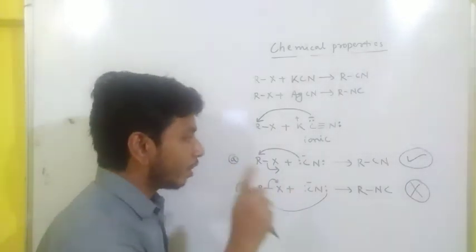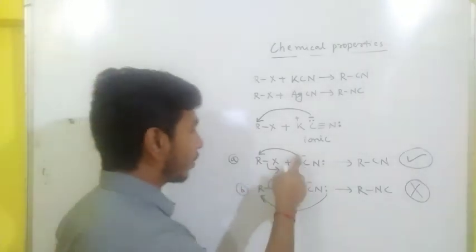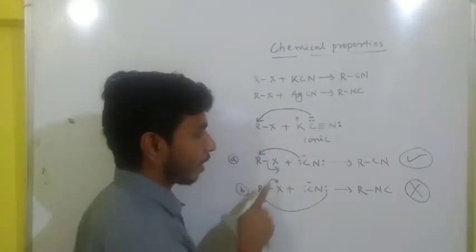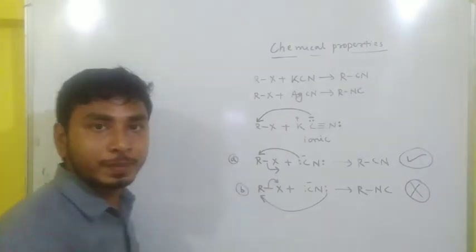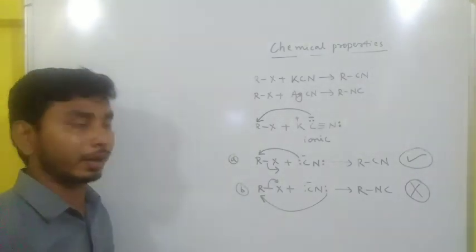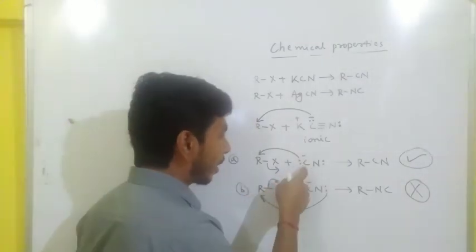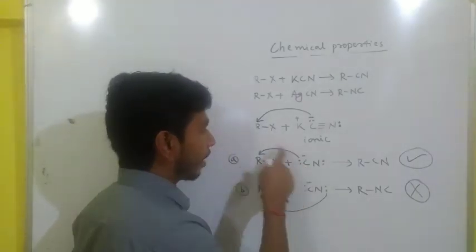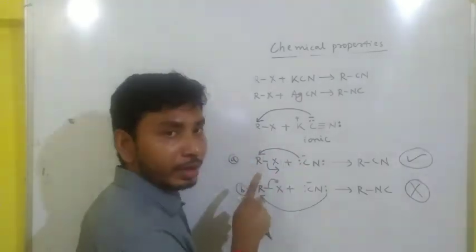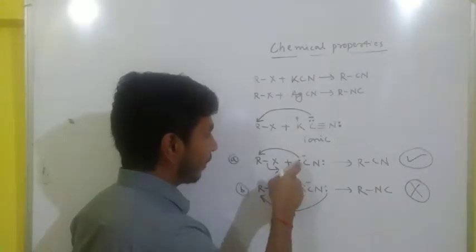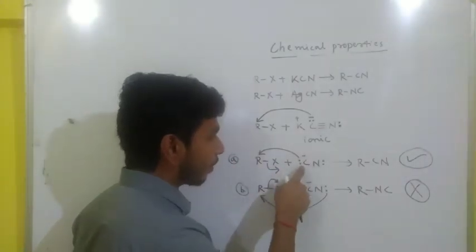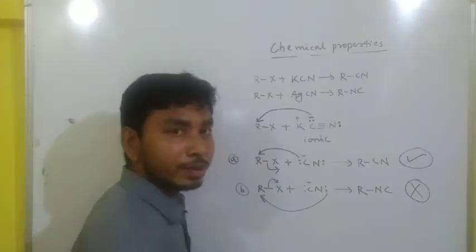Now actually, which will attack? Carbon or nitrogen? There are two possibilities. If attack occurs with the carbon atom, then a carbon-carbon bond is forming.